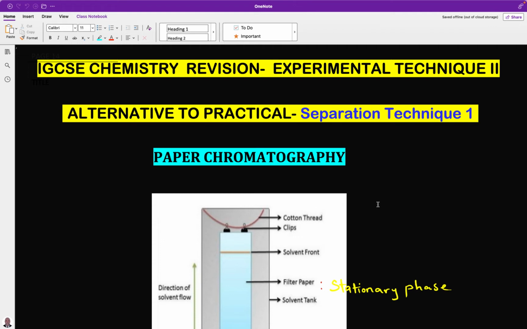All these could be used to determine the purity of a particular substance in a mixture. But in this case, the first technique is paper chromatography.